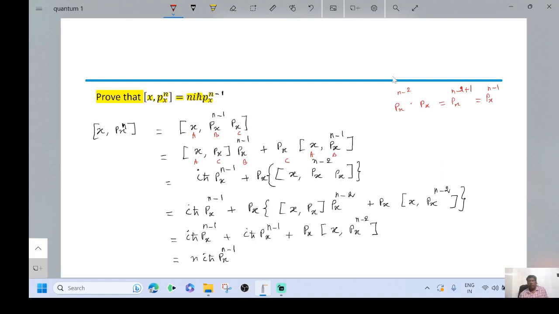Then x comma px is i h cross. If you multiply, px power n minus 1 into i h cross, here px into x comma px power n minus 1. If you carry out the operation using the same logic, x comma px power n minus 3 into px, once again you get another term, i h cross px power n minus 1. In this way, n times we get i h cross px power n minus 1. Therefore, x comma px power n is equal to n i h cross px power n minus 1.